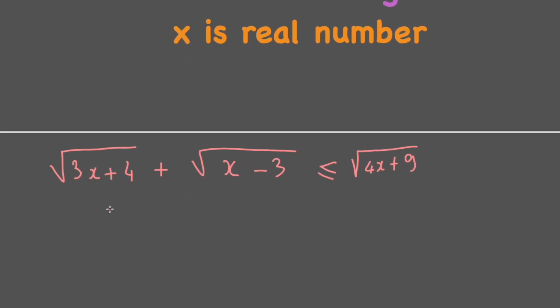The first thing is that both the left hand side and the right hand side of the inequation contain even roots of the radical, so they have to be greater or equal than 0. So that's the first factorization of this inequation.